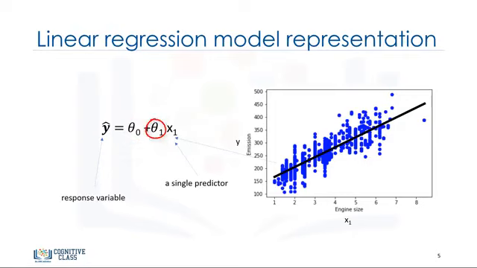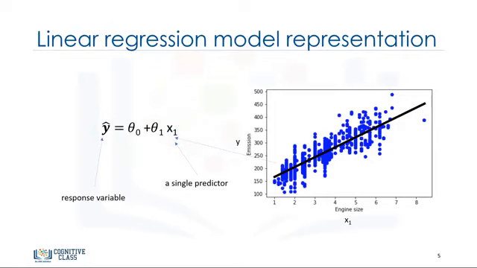Theta 1 is known as the slope or gradient of the fitting line, and theta 0 is known as the intercept. Theta 0 and theta 1 are also called the coefficients of the linear equation. You can interpret this equation as y hat being a function of x1, or y hat being dependent on x1.